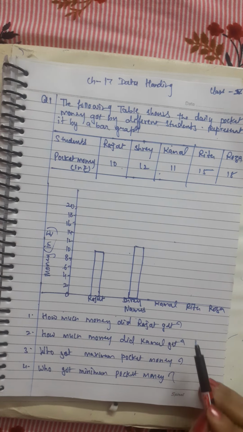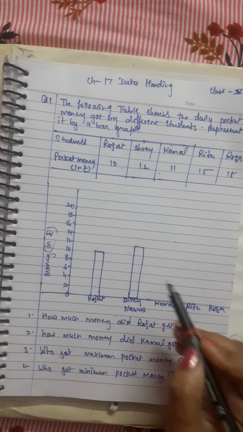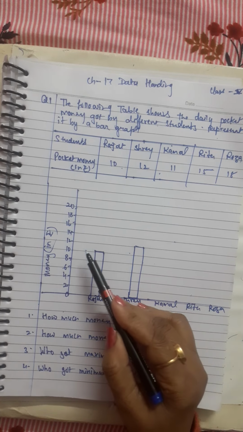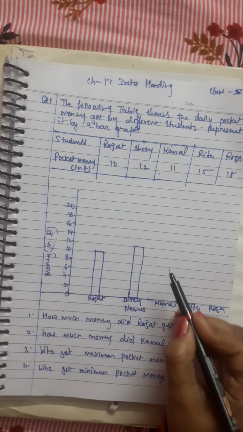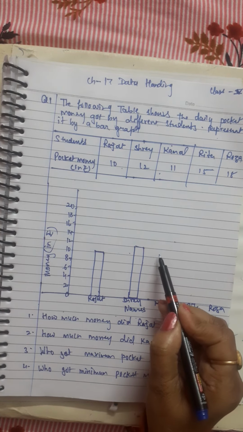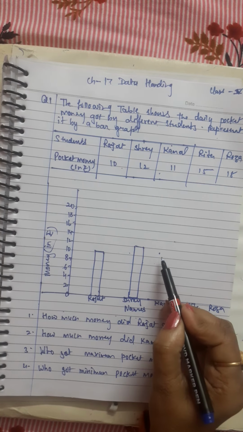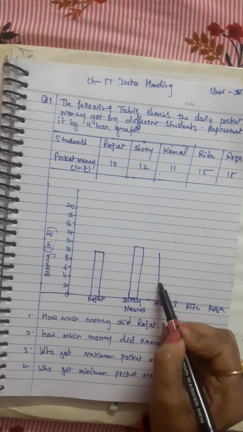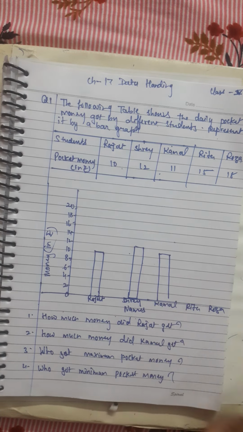So how will we draw? We will draw the bar of Kamal till in between 10 and 12. So we will draw till here, exactly in between 10 and 12, and this is showing 11 rupees. He got 11 rupees as pocket money.